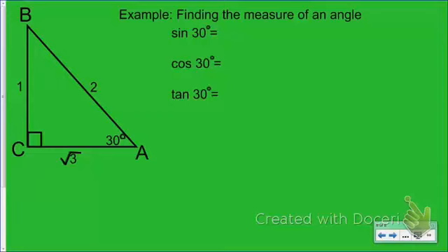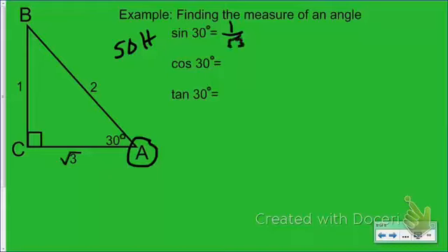So it says sine 30 degrees. The 30 degrees means that we're going from corner A, because that's where the 30-degree angle is. And so that would be opposite over hypotenuse. So SOH. In this case, sine of 30 degrees would be 1 over the square root of 3.